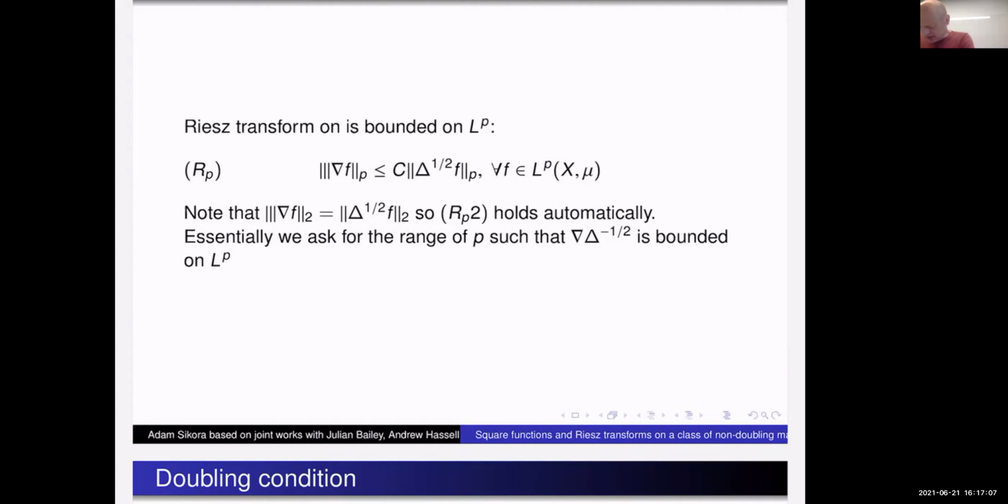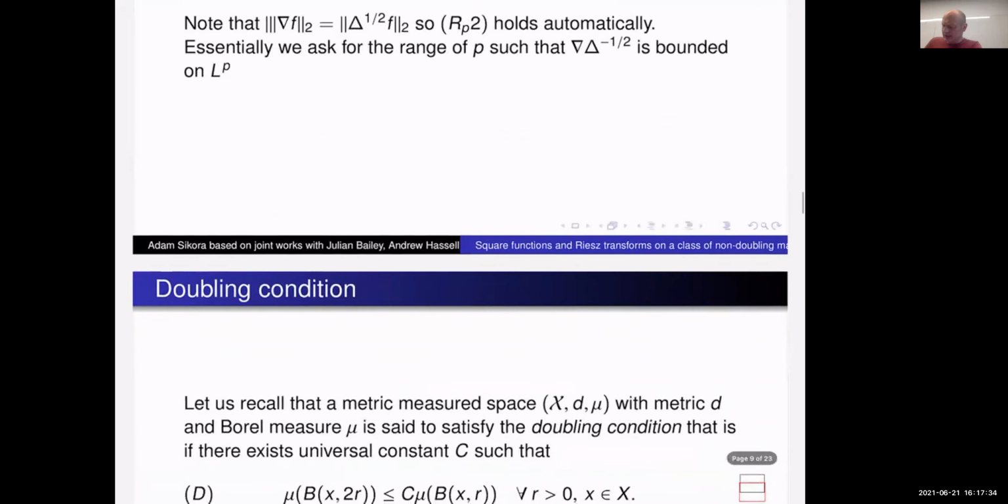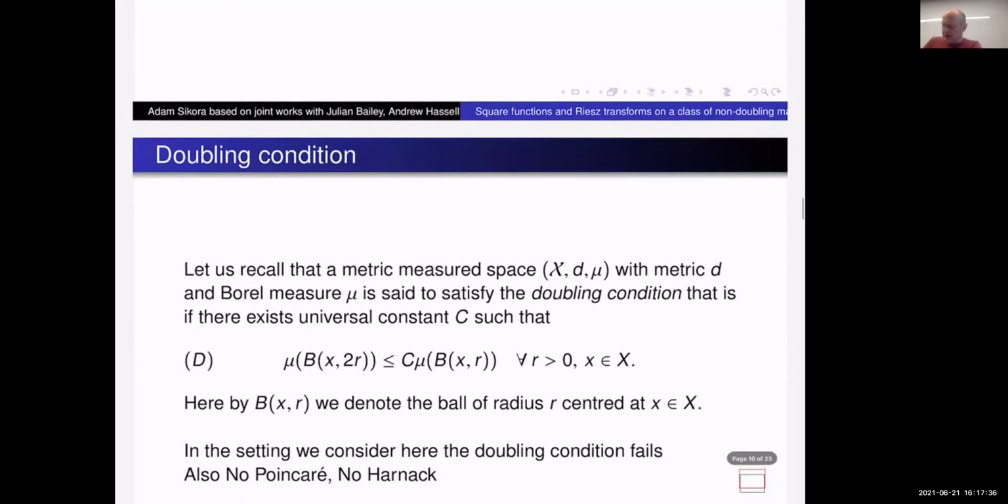But another point which I would like to mention here is that when you talk about singular integral operators, when you talk about Calderon-Zygmund kernels, then your basic tool is the doubling condition, right? And here we do not have doubling conditions, so our discussion becomes somehow more difficult.